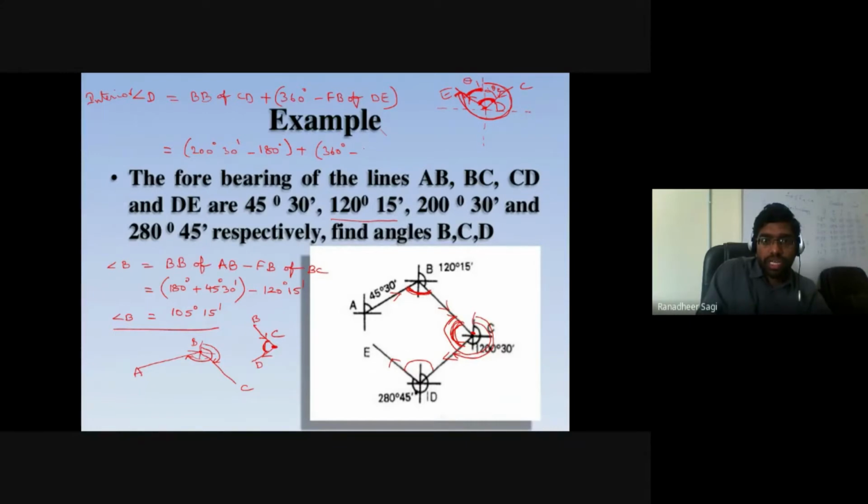The forebearing of the DE line is given as 280 degrees 45 minutes. Solving, 200 degrees 30 minutes minus 180 degrees is 20 degrees 30 minutes, and 360 degrees minus 280 degrees 45 minutes is 79 degrees 15 minutes, so the total comes out to be 99 degrees 45 minutes, if my calculation is correct. That's how we calculate the included angle at point D.